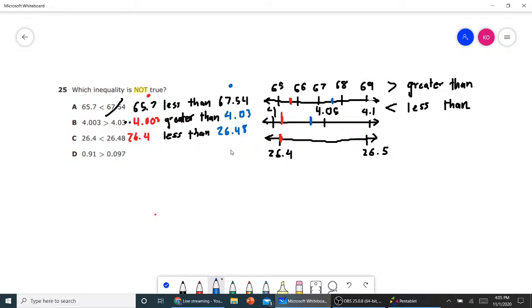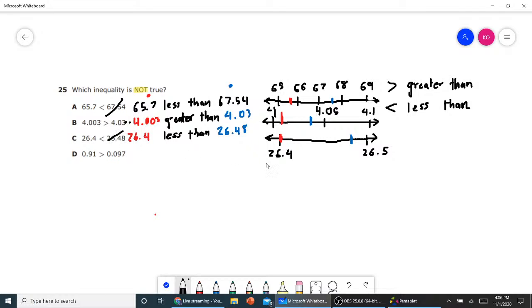And 26.48 would be closer to 26.5. So we can just say it's right here. So we see that red is less than blue, or 26.4 is less than 26.48. So that is correct, which means by the question's terms, this would not be the answer choice.